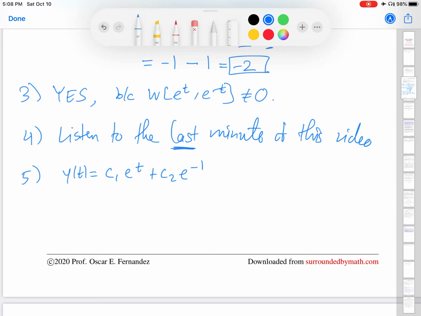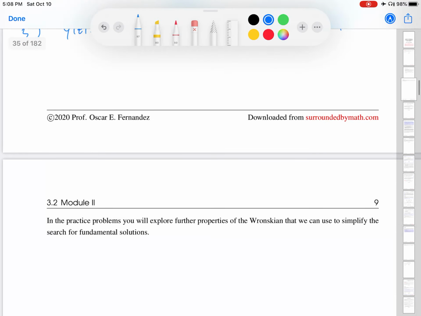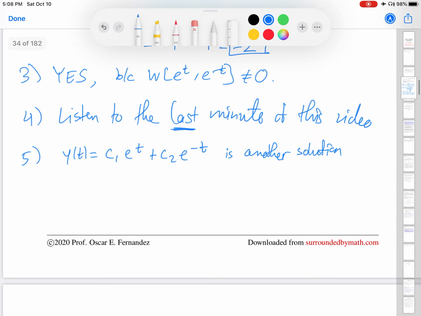They're given to us here. We verified that they're solutions in part 1. We're going to say that this is another solution. Okay, great. That is another solution to the ODE.